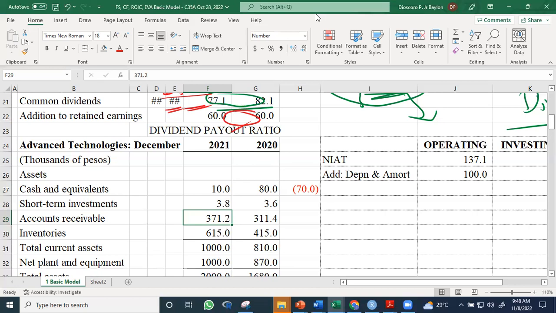Okay, how about the rest, guys? 12 students, what's your take on that? What do you think? Is the change in accounts receivable part of operating or investing or financing?